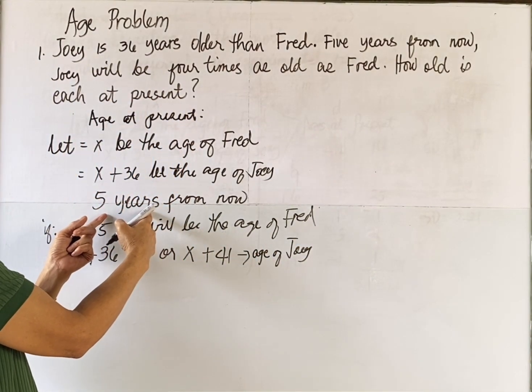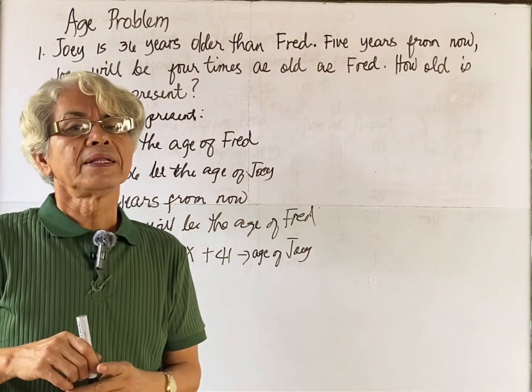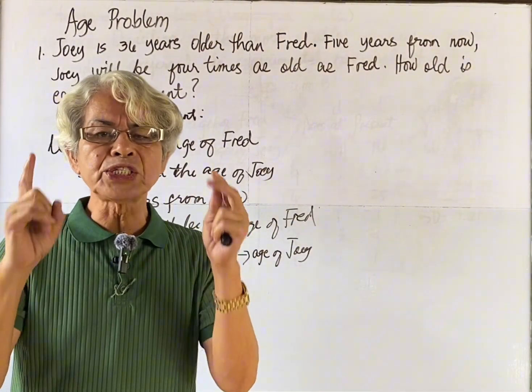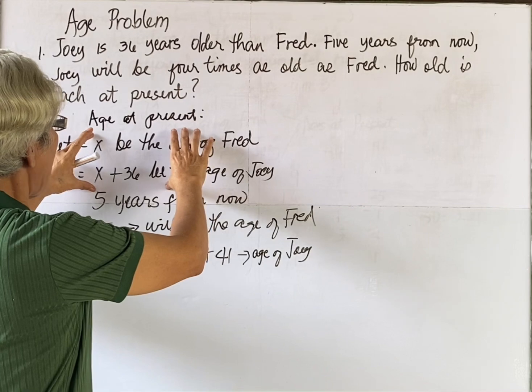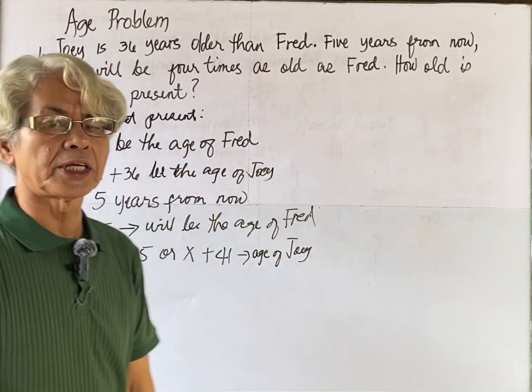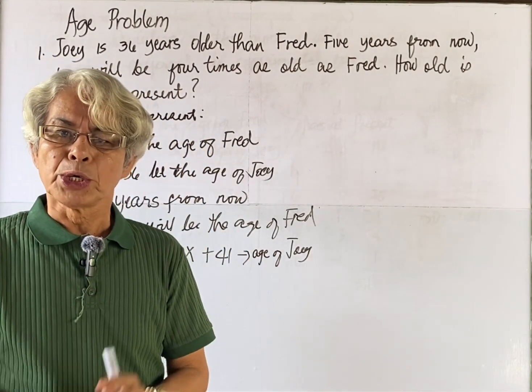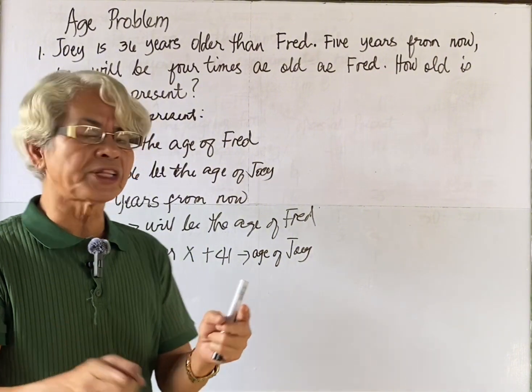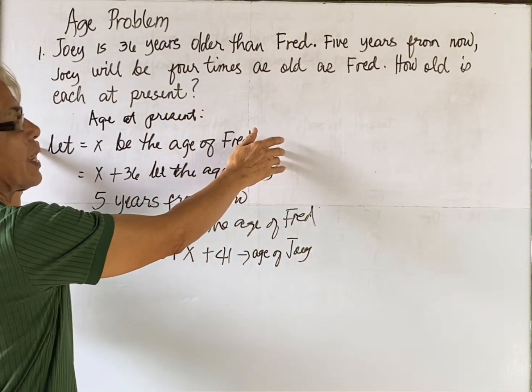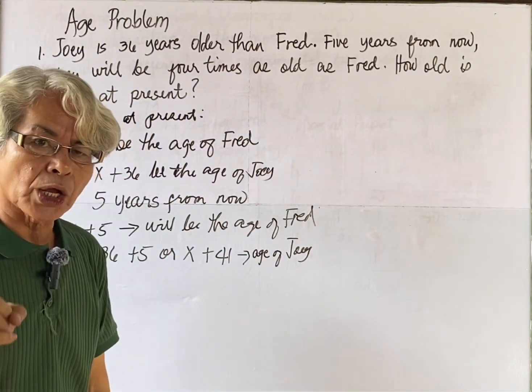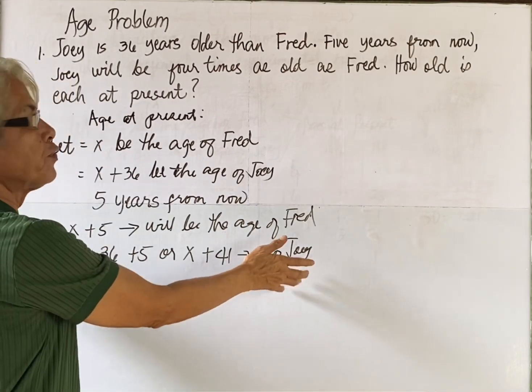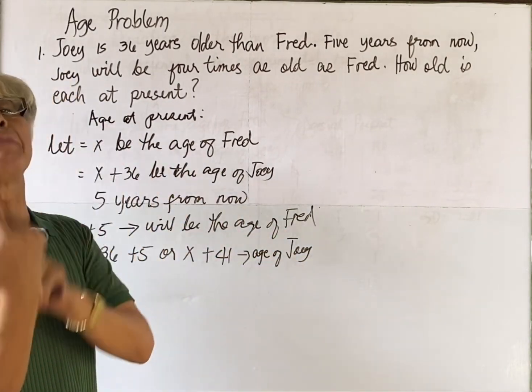Once you have the two algebraic expressions, remember this. Do not make an equation out of the present age. Make an equation for the future or from the past.